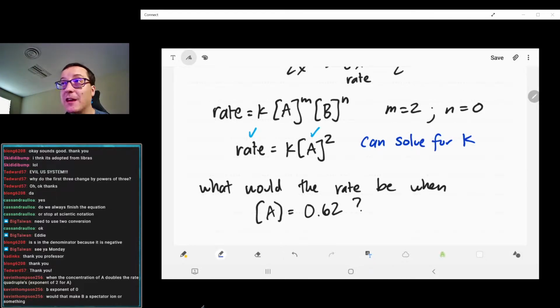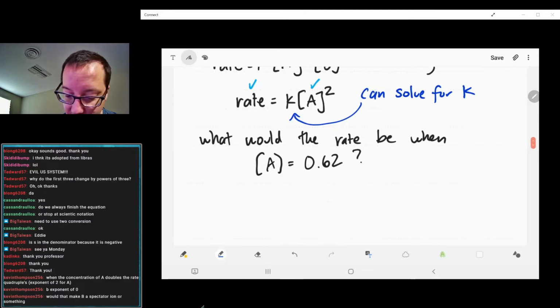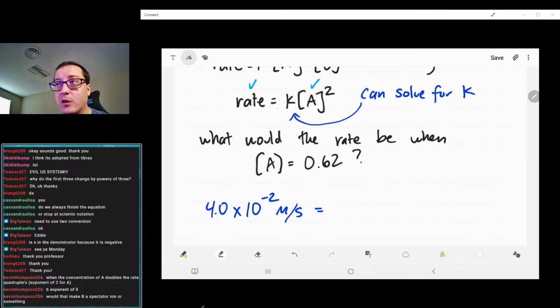Right, now that we have figured out our rate law, if we go ahead and plug in some numbers from that table, we saw that we had a rate of 4 times 10 to the negative 2 when A was 0.10, actually, if I want to keep my sig figs.